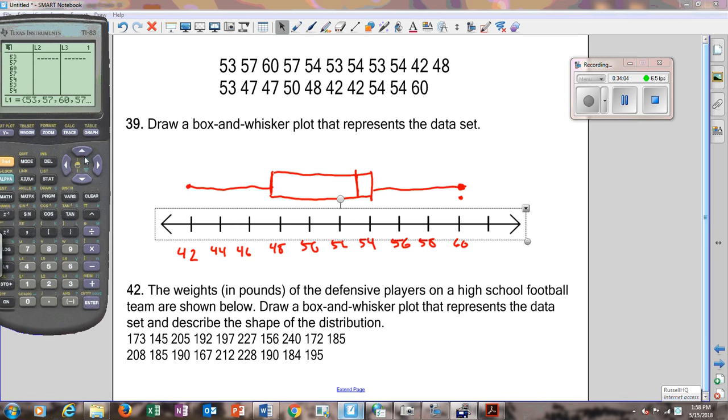Clear this list out. Enter this data in: 173, 145, 205, 192, 197.